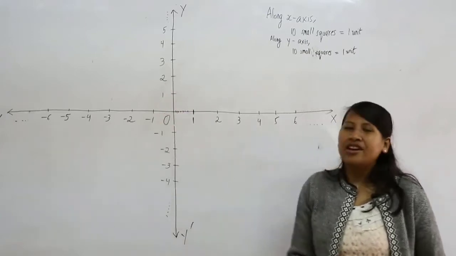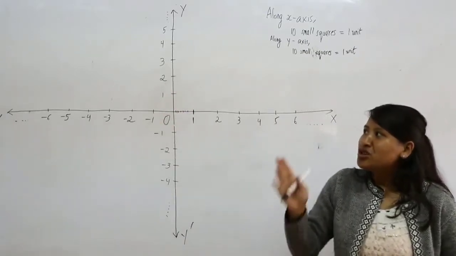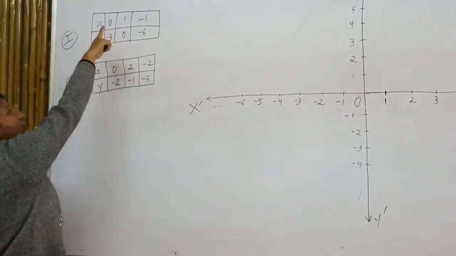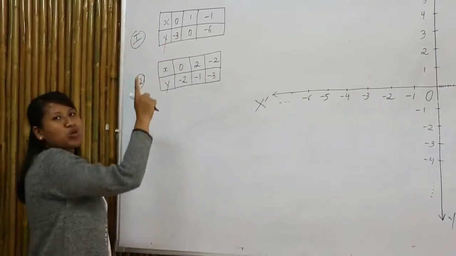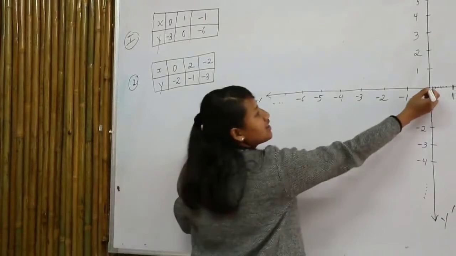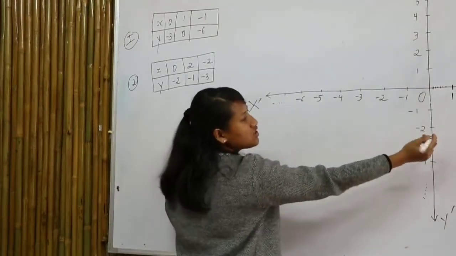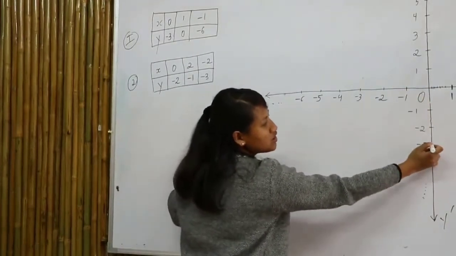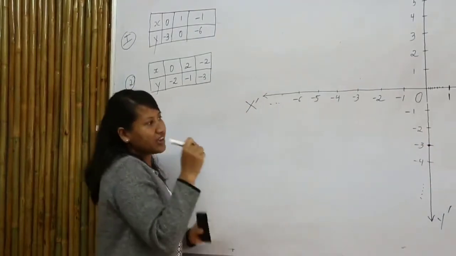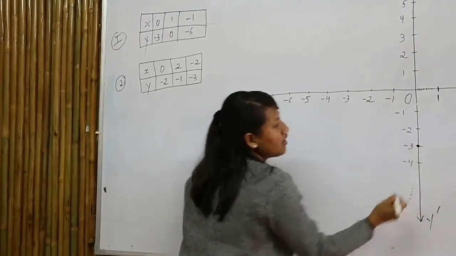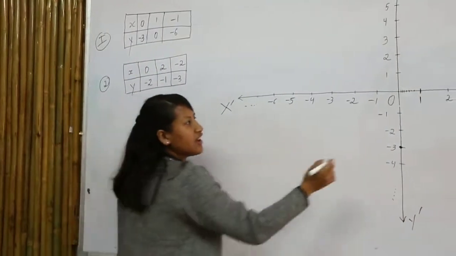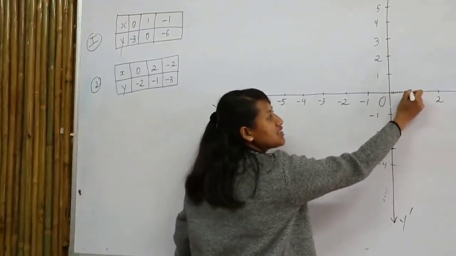Then next comes how to plot the points. So we look at the first table. We have 0, -3, 1, 0, and then -1 and -6. So 0 is where? For x here, right? And -3 means for y. Where is -3? You circle it. Then next we have 1, 0, means for x it is 1, and then 0 means it's here itself.